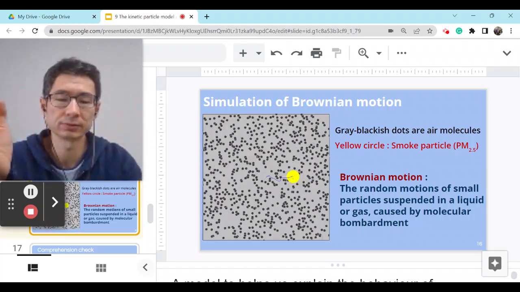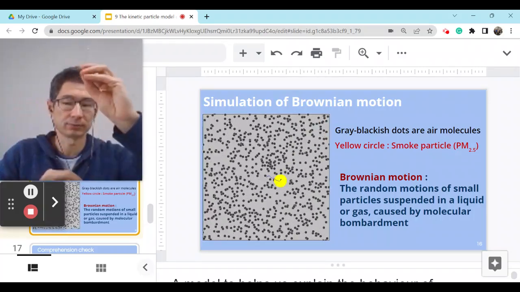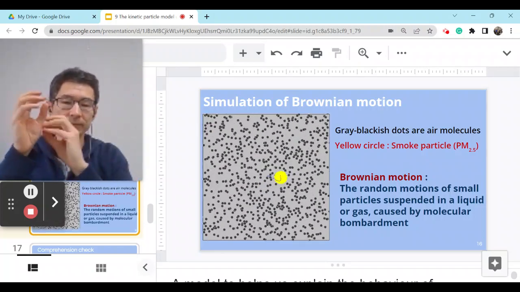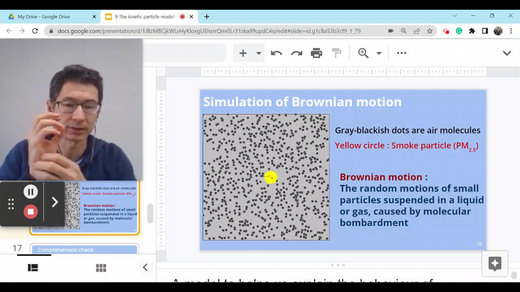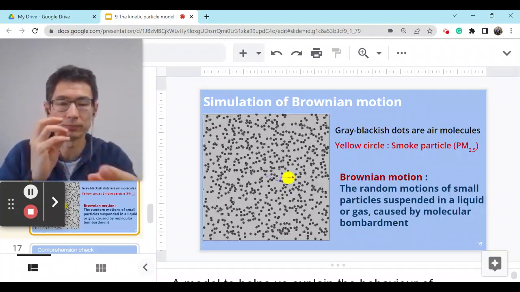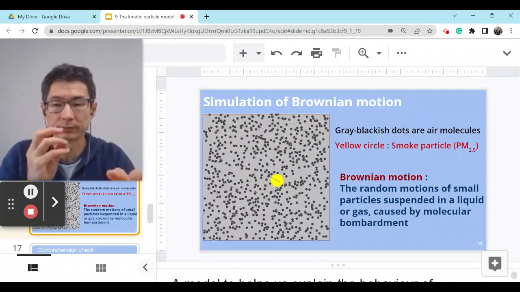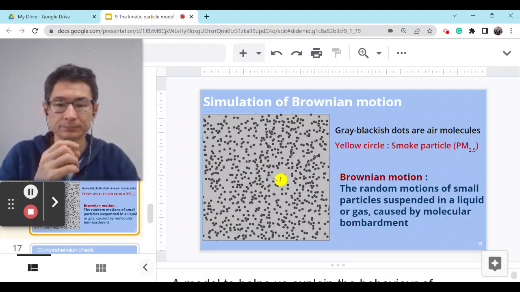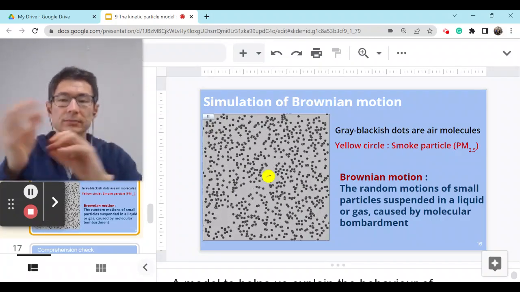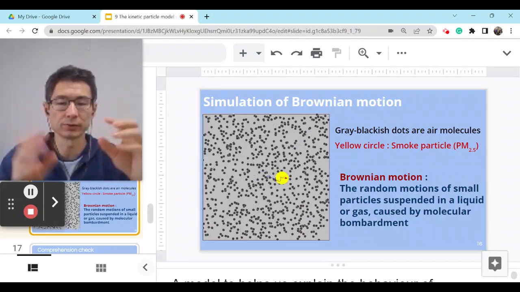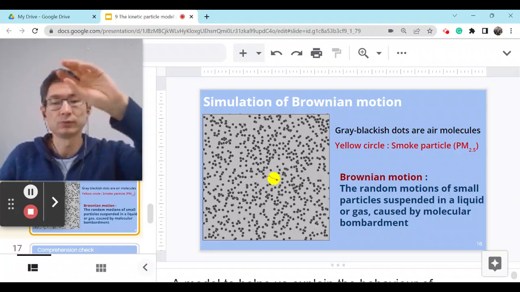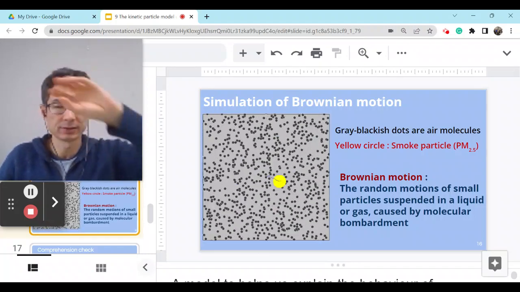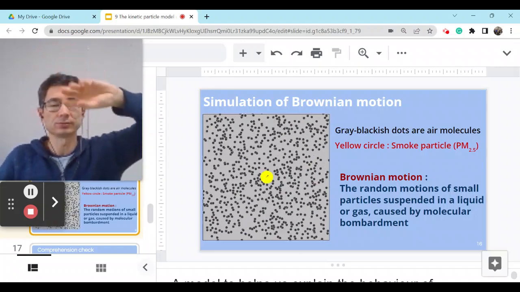The air molecules are moving in straight lines, but they are bombarding the bigger particles like this smoke particle, which is PM 2.5 or PM 10. Because of the bombardment of air molecules, the smoke particle moves randomly, and this is called Brownian motion.